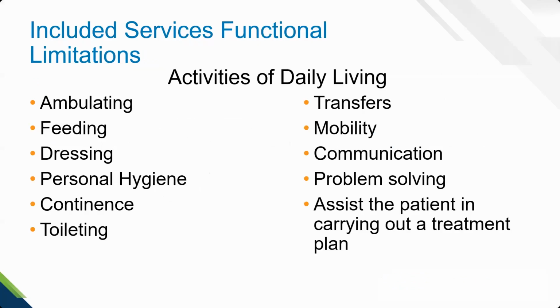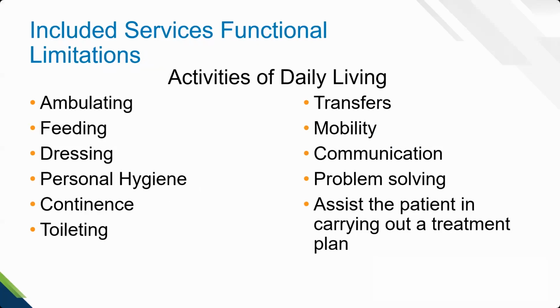Functional limitations are going to include your activities of daily living, and these are listed here for you on the slide. Safe activity completion, problem solving, environmental adaptation, let me put it that way.